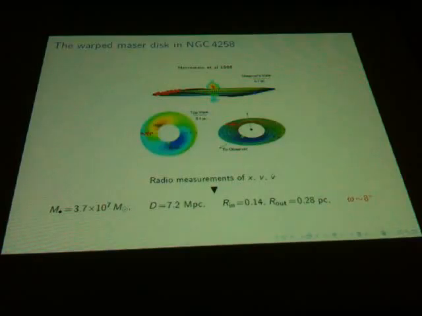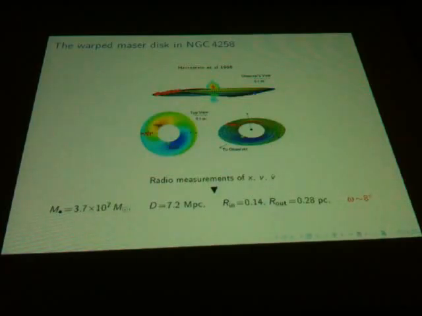So the departure point here is that, as I said, there are only a handful of accretion disks that we actually can image. And a very special class of circumnuclear accretion disks that can be imaged are those that are emitting in radio maser.